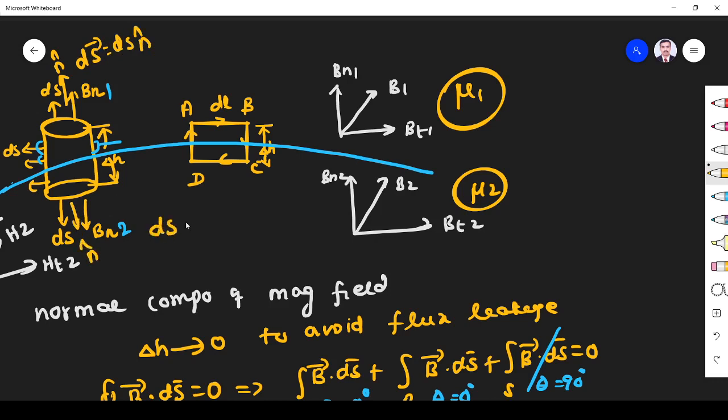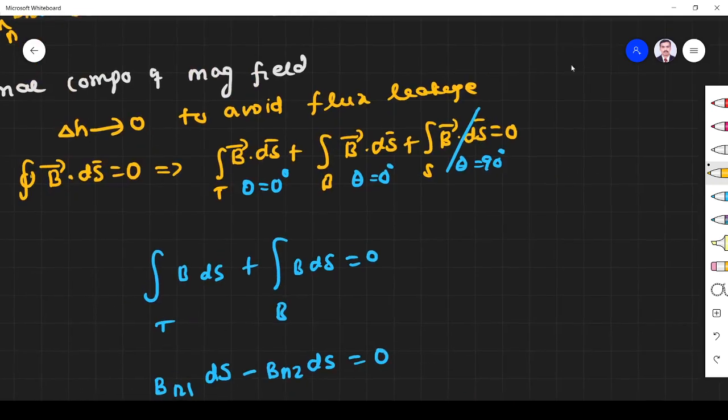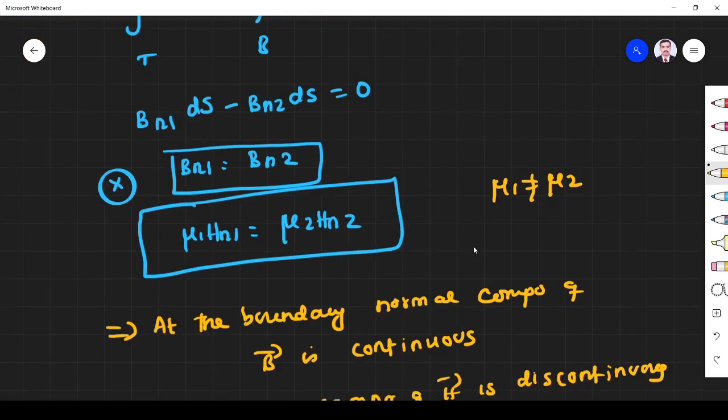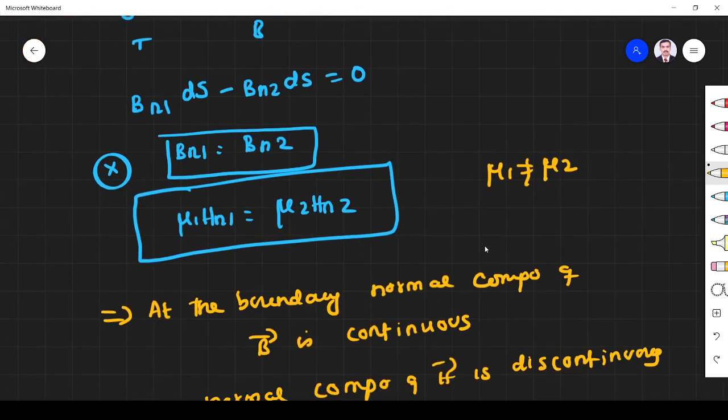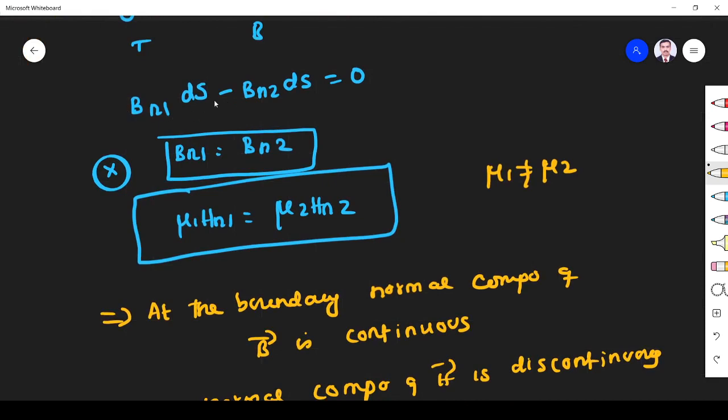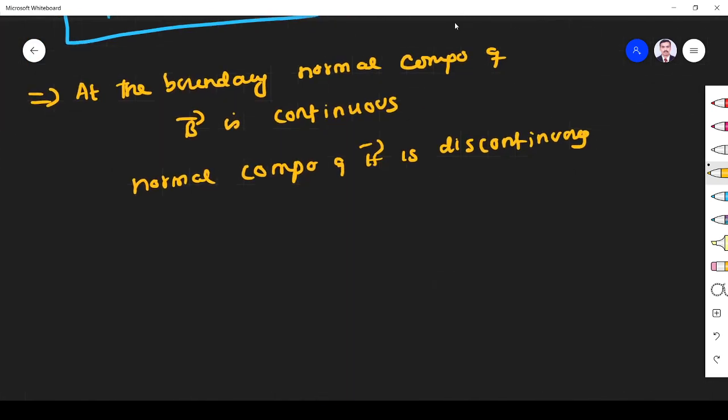So ds is equal to ds times minus n cap. Okay, please remember, that's why it is minus. If you don't know, please refer to that, right? So that's why it becomes Bn1 ds minus Bn2 ds. Okay, so normal component of B is continuous, and normal component of H is discontinuous.